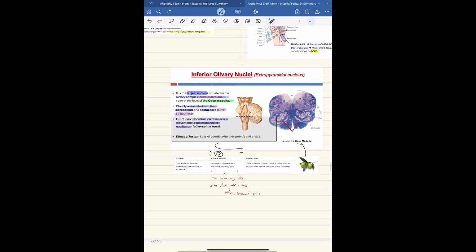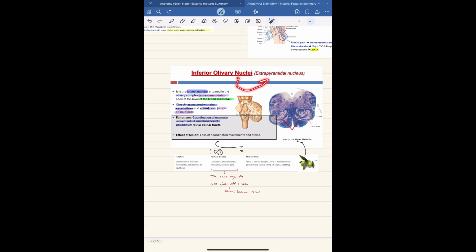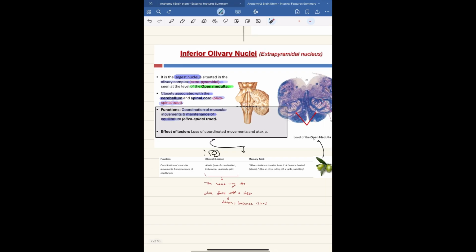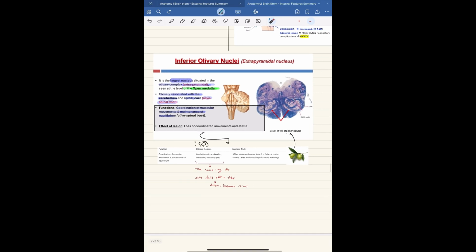When we go to the inferior olivary nuclei, which is part of the extrapyramidal system, it is the largest nucleus. The way I remember this is literally an olive. When an olive falls in an open area, I remember that it is located at the level of the open medulla.